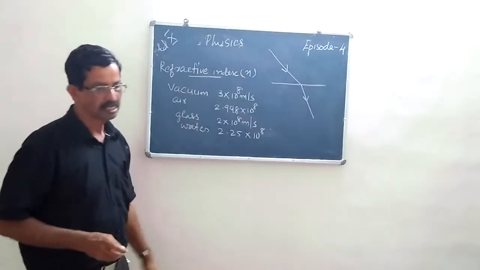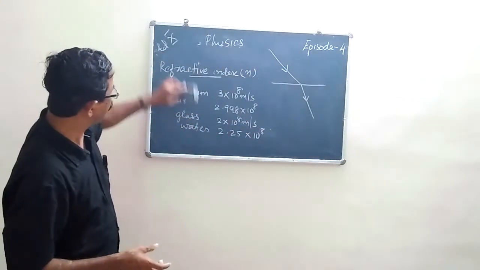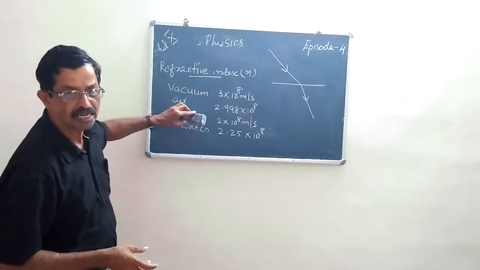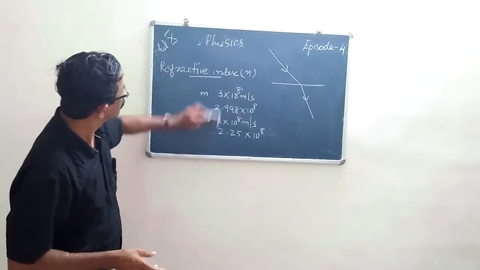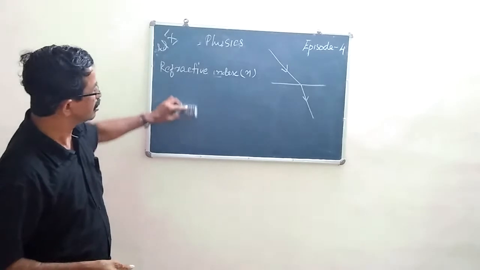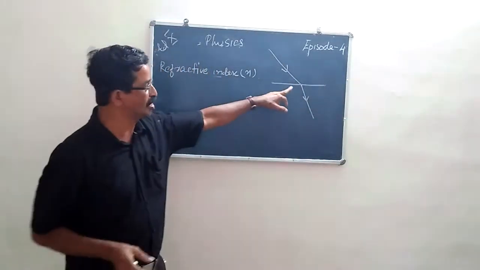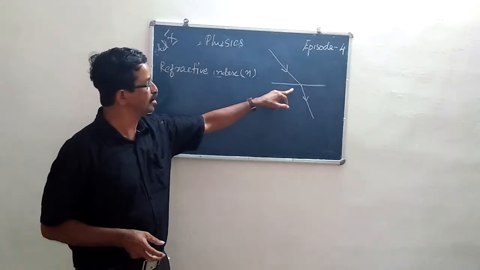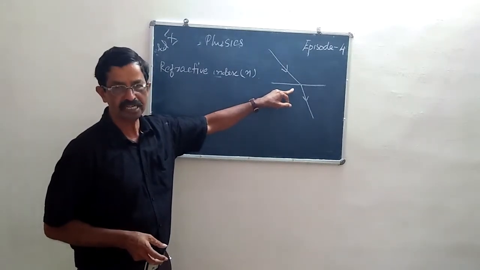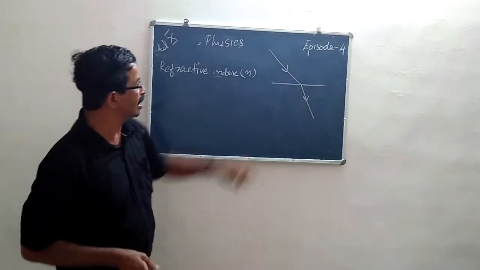You can observe the difference in the speed of light in different media. So refractive index depends on the speed of light also. That means the amount of deviation or change of direction depends on the refractive index, and it depends on the speed of light.